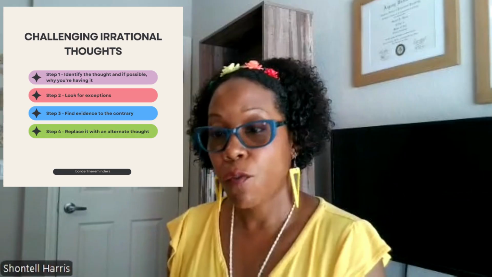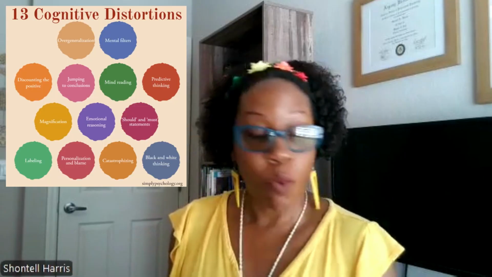And whatever that irrational thought was, whether it was ignoring the good, blowing things out of proportion, fortune telling, mind reading, negative labeling, setting the bar too high, self-blaming, feelings as facts, or should statements, whatever it was, it caused you to have anxiety, for example. And so you went through your little check system. You could catch it, check it, and then change the thought process, right? You went through that system, but this is how you do it.